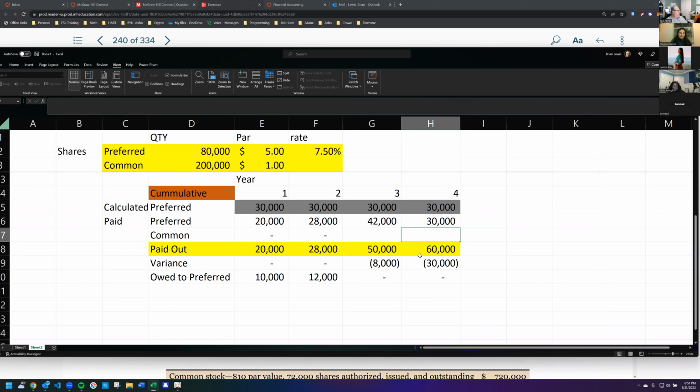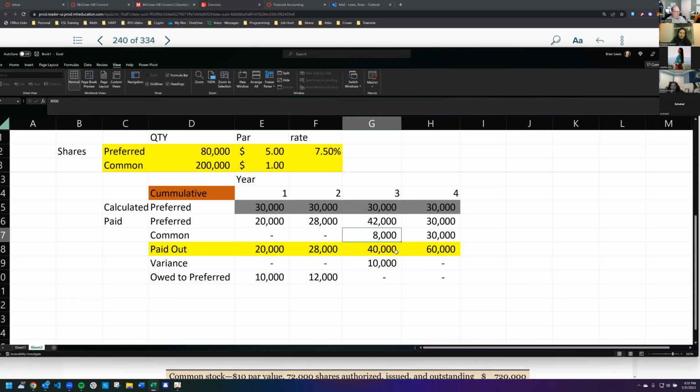In this case, there would be $8,000 left over and 30,000 left over here. But let's say for another grin, you'll notice the 30,000 per year stays the same and this accumulates. Let's say instead of $50,000, the number ended up being $40,000.